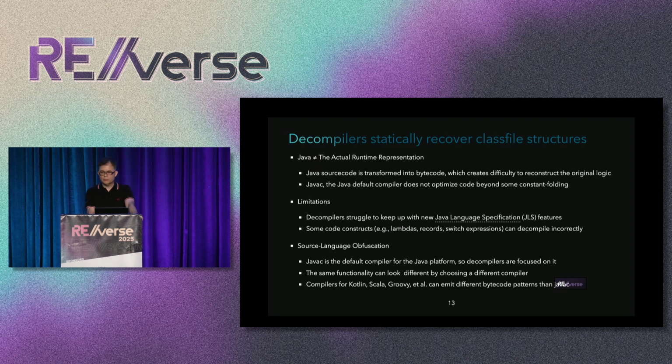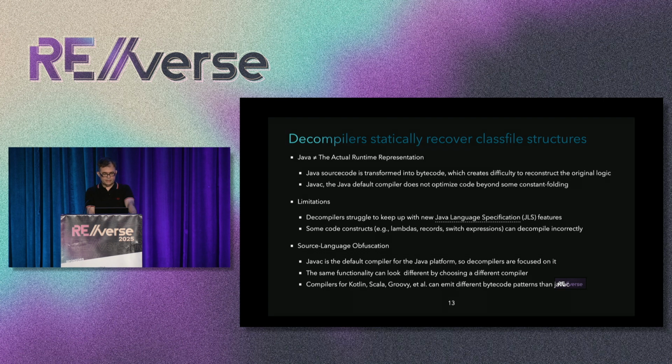But there's a problem. Java, the language, is not what is actually executed during runtime. The Java source code is transformed into bytecode, which we have seen, which creates difficulties to reconstruct the original logic at some point. javac, the Java default compiler, more a translator, does not optimize code beyond some constant folding.